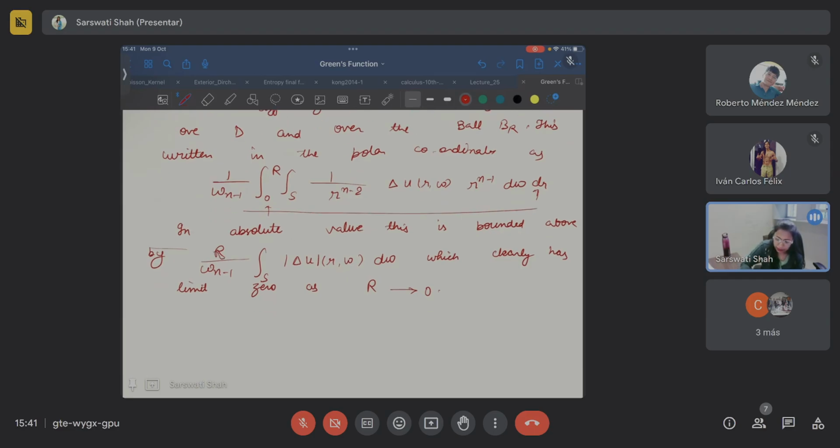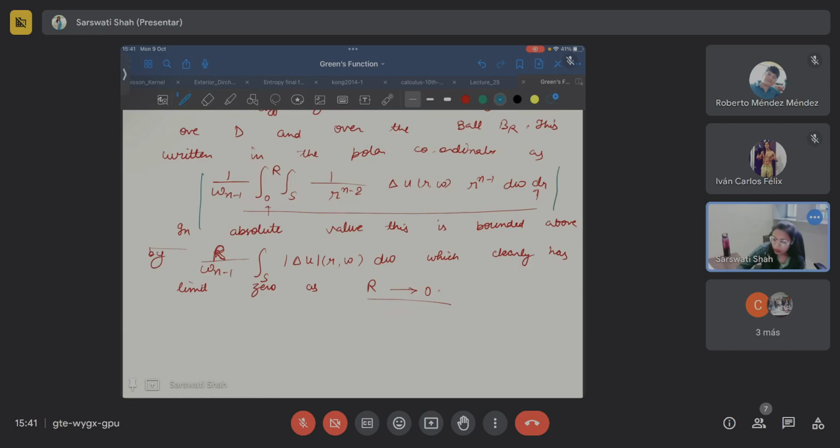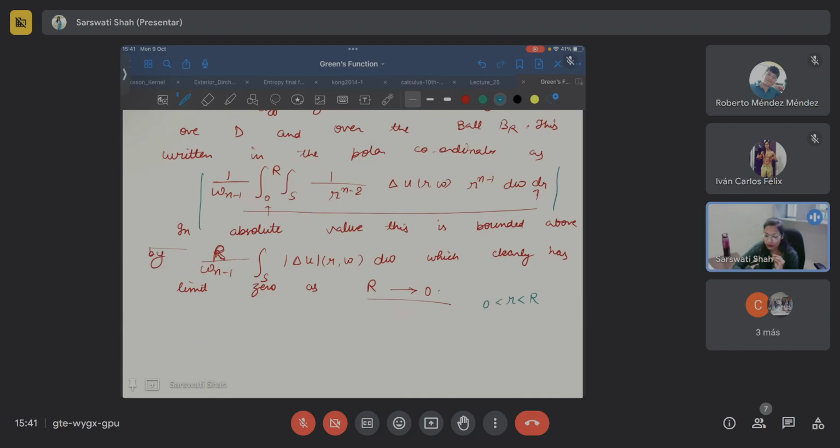Because R is appearing outside here, when R tends to 0, because of the appearance of this term, this will be 0. So basically what we are doing is putting a modulus here, then using the Schwarz inequality to take this restriction that R can have maximum value capital R and it will be bounded below by 0. So using the Schwarz inequality and this inequality, we arrive at this inequality. As soon as this capital R tends to 0, this quantity will become 0.